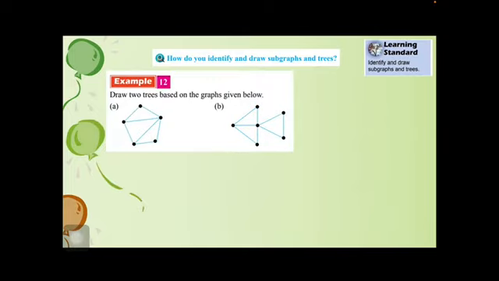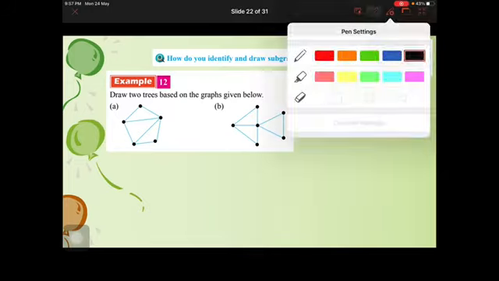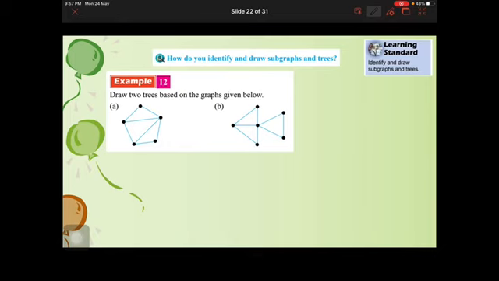Draw two trees based on the graphs given below. So for question A, we are given 5 vertices. To draw a tree, we just follow the position of the vertices from the diagram.